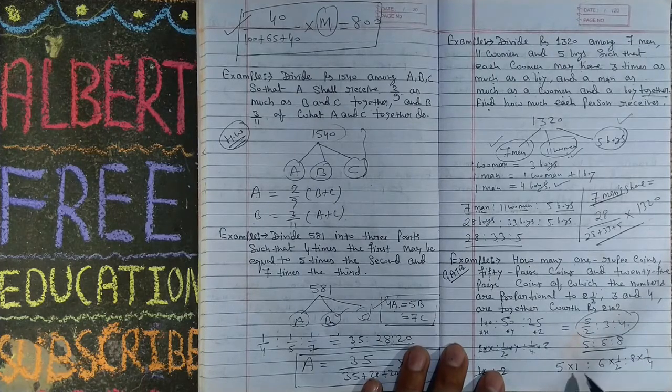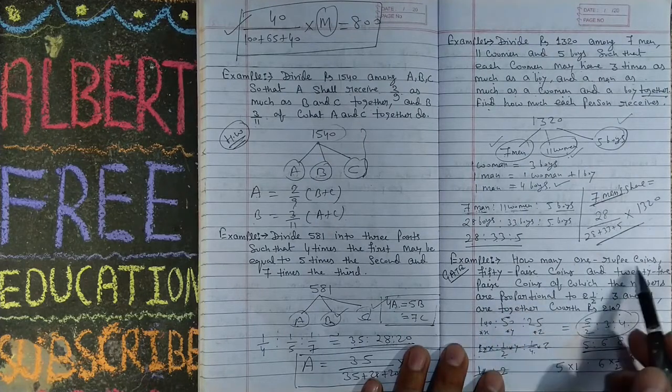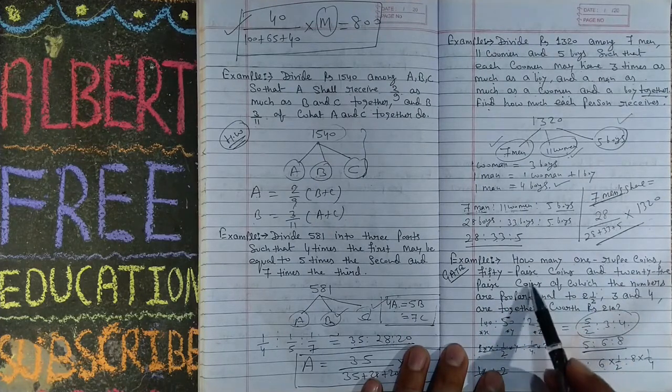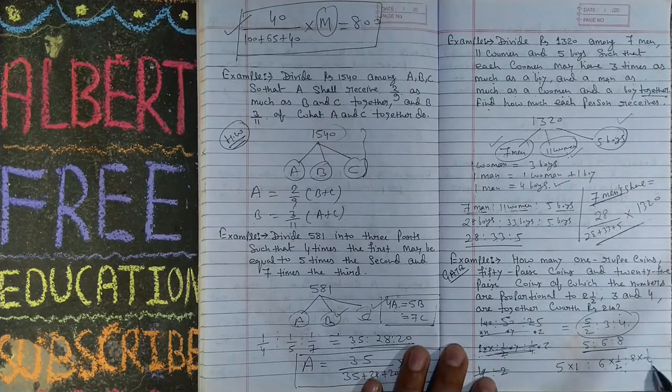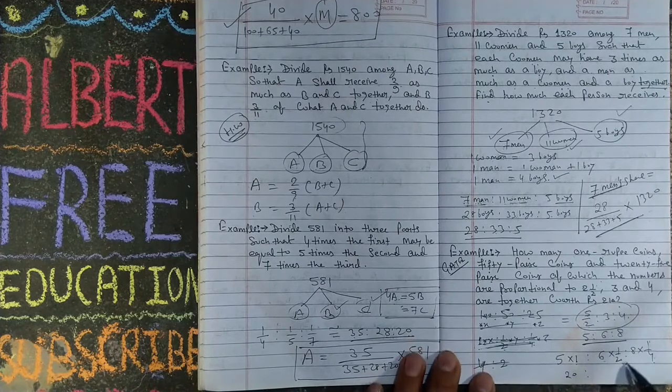This is your proportional value, and the number of coins: 1 rupee coins, 50 paisa coins means 1 upon 2, and 25 paisa coins, that is 1 upon 4. Now multiply by 4 here: 5 times 4 is 20, 3 times 4 is 12, and 8. This is your value, 20, ratio 12, ratio 8.